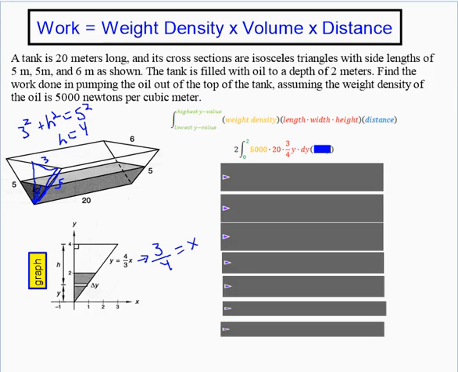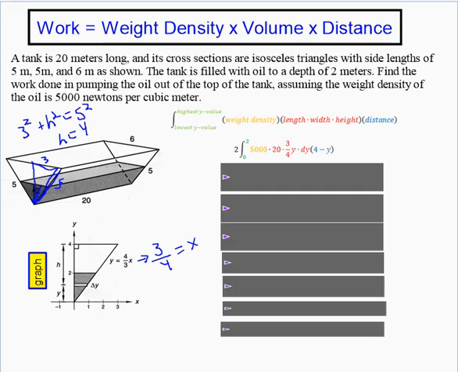And then the thickness of each of these sheets that we're looking at is change in y, or dy. And then the distance that it needs to travel, well, it needs to travel our 4 minus our y value. The height of the tank is 4, and we're going to subtract whatever y value we're at. And so that is the integral that we want to evaluate.